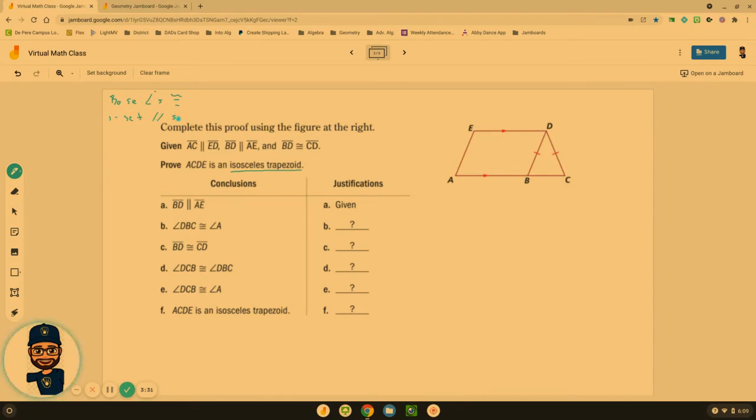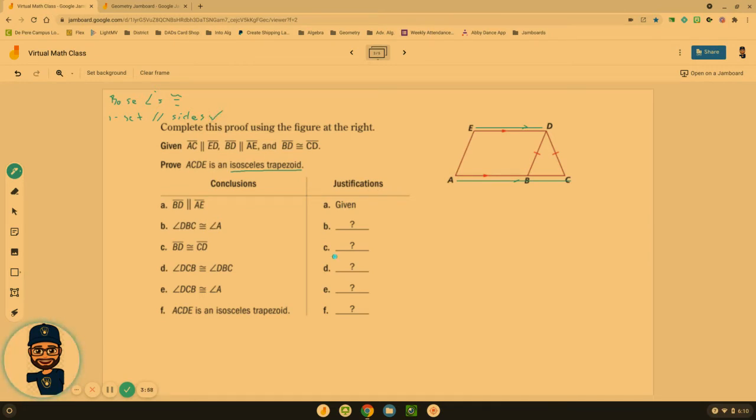We have to have both of those be true in order for that shape to be called an isosceles trapezoid. Well, notice they've already given us one of them. AC, this long line down here, is parallel to ED. So the top and the bottom are already parallel. So we've met this criteria.